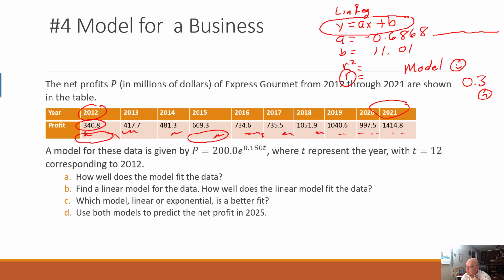How close is this to the 609.3? How close is this to the 44,114.8? That's what it means.